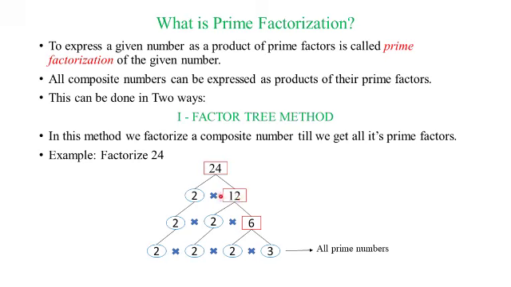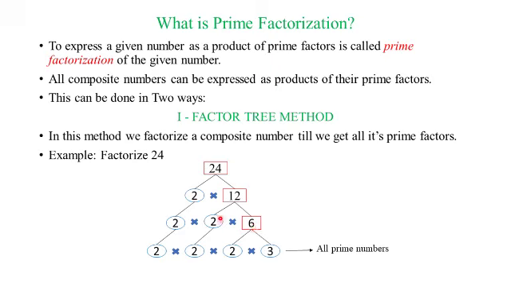As we know, 2 times 12 gives 24. Here 2 is a prime number. I circle 2 and 12 is composite. I should split down. So in the next step, we bring this prime number 2 as it is and split down 12 as 2 times 6.